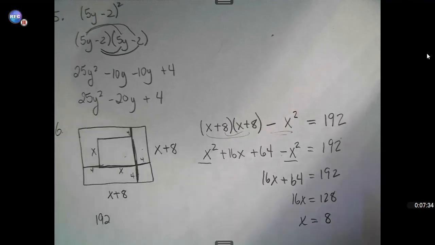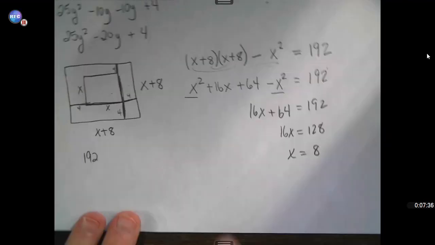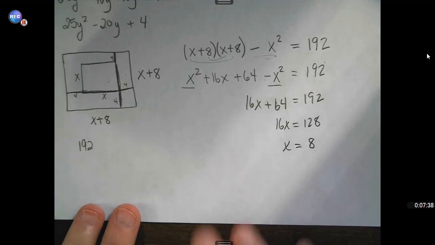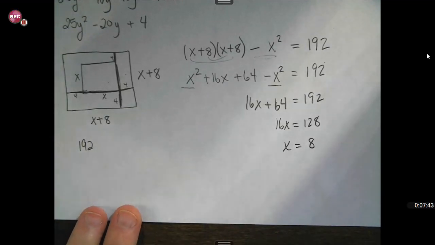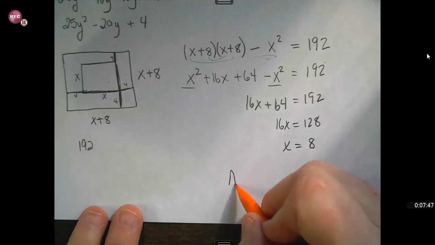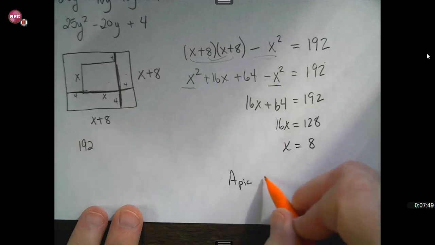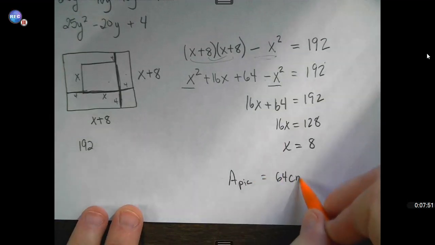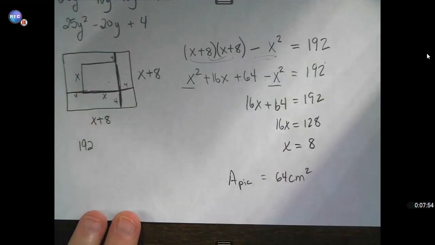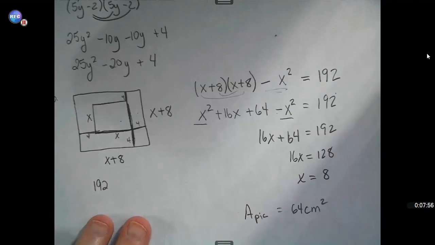Okay. And then reading is significant here. We have to read the question. And it says, what's the area of the picture? Well, the picture would be 8 by 8 centimeters. So the area of the picture would be 64 centimeters squared. That would be the correct answer there.